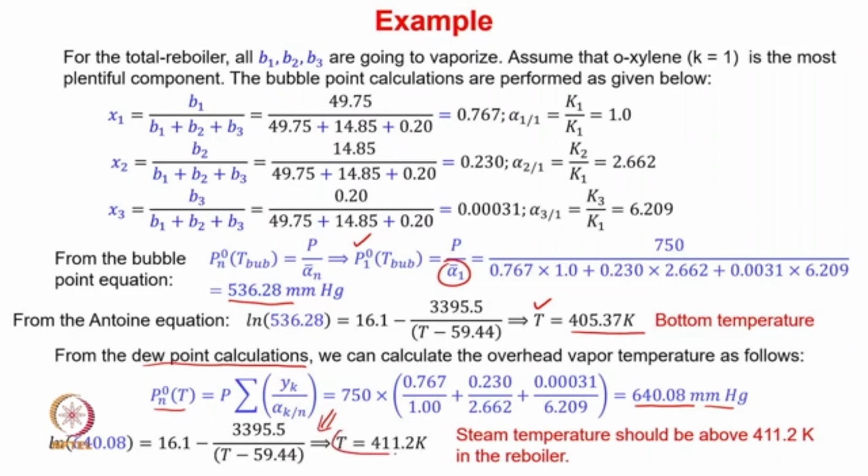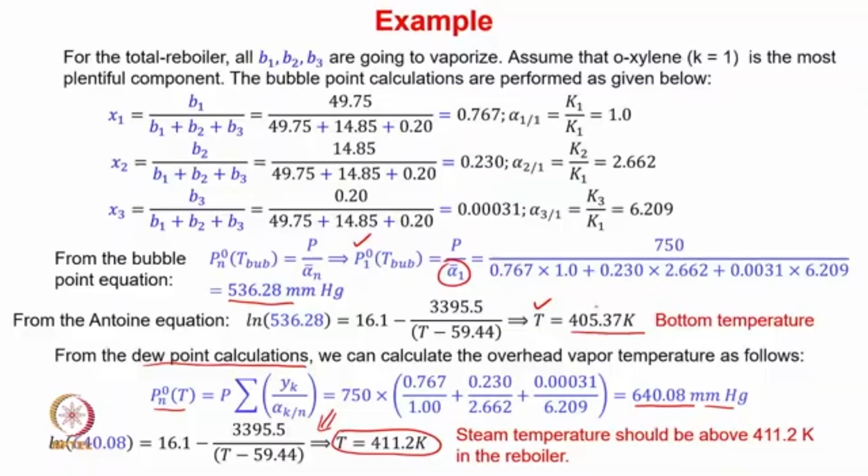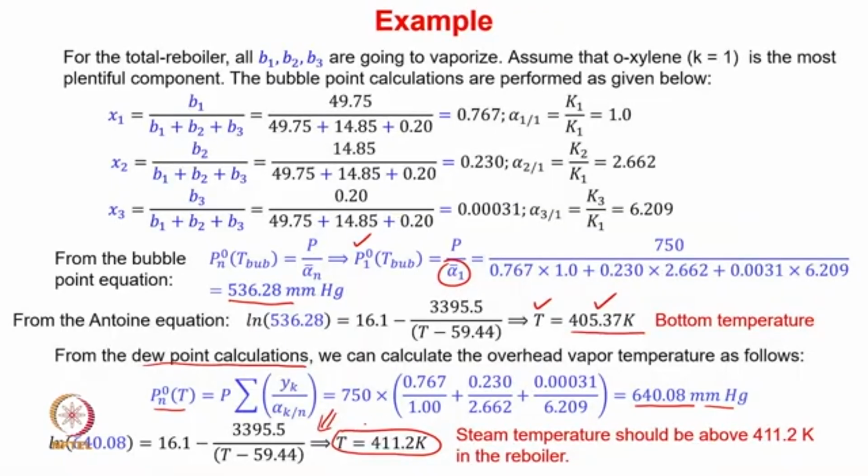So now what we can conclude here? We can conclude here is that all your temperatures, you can see that the bubble point temperature of the condenser is greater than the cooling water temperature. The dew point temperature of the condenser is greater than the bubble point temperature. Then the bubble point temperature of the reboiler, which is nothing but this, is greater than the dew point temperature of the condenser. Again, the dew point temperature of the reboiler is greater than the bubble point temperature of the reboiler.